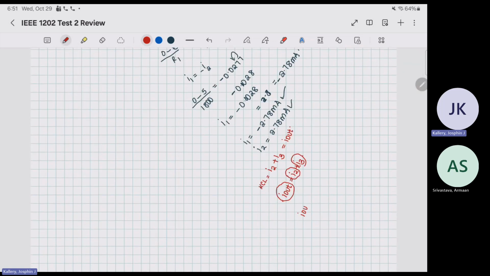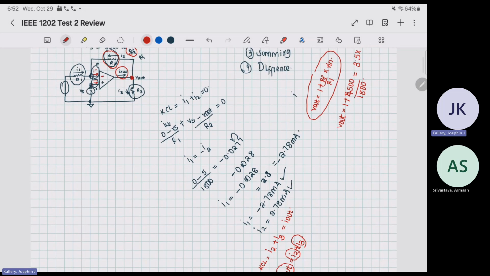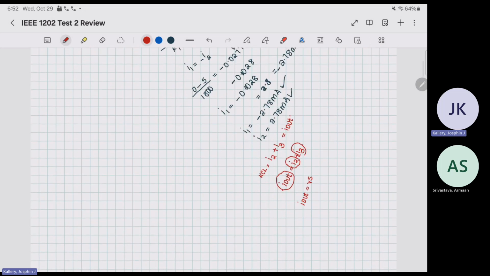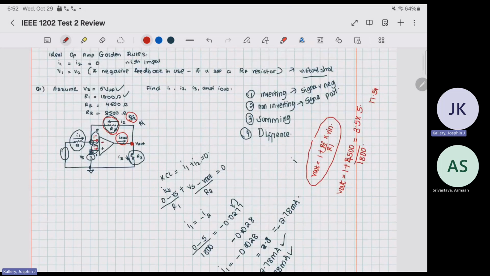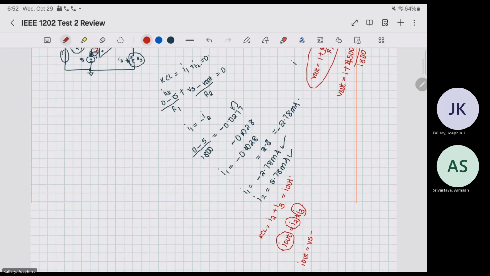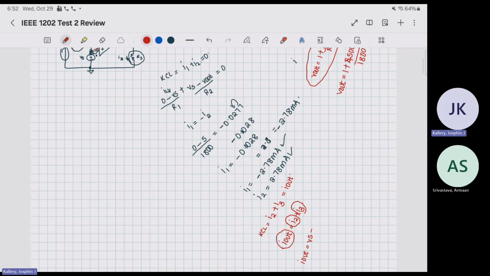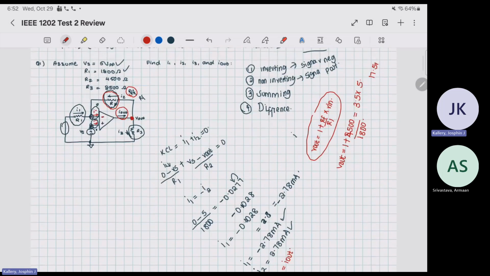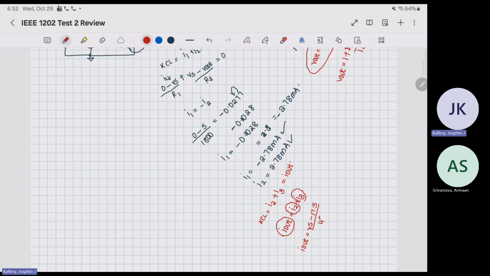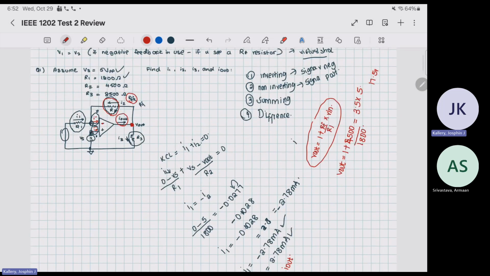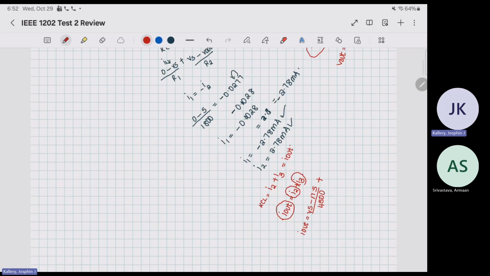So I out is equal to, we see I2. Here, the voltage is Vs minus V out, which is 17.5 over the resistor R2, which is 4,500 ohms, plus I3, which is V out.